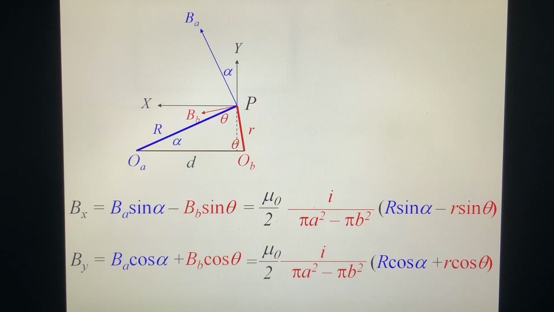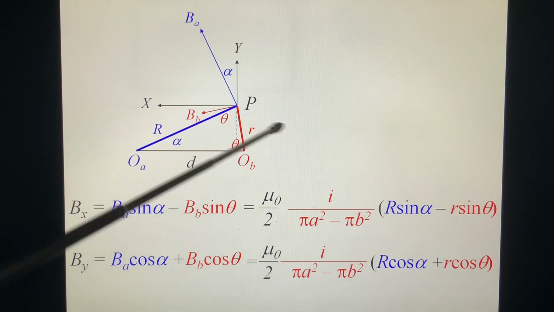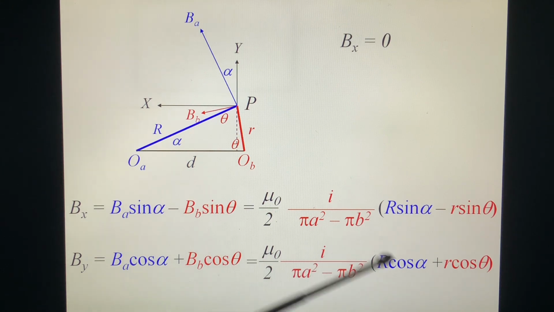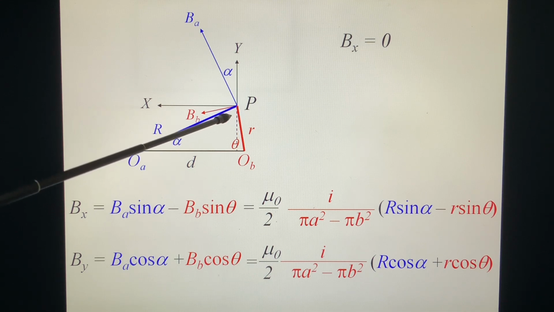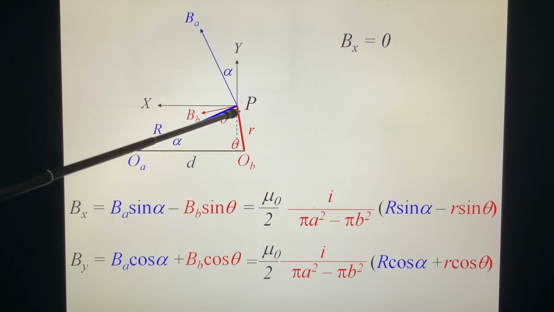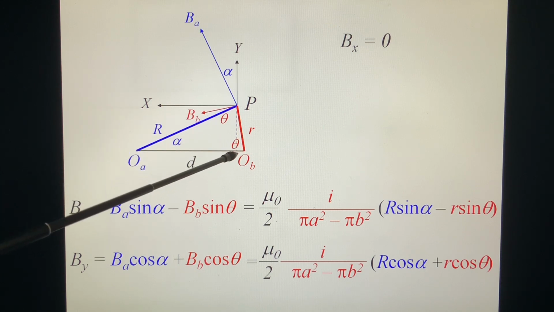Now let's see. R sine alpha is this dashed line. Small r sine theta is this line. So they cancel out and we get 0. And let's see why. R cosine alpha is this one, and small r cosine theta is this one.